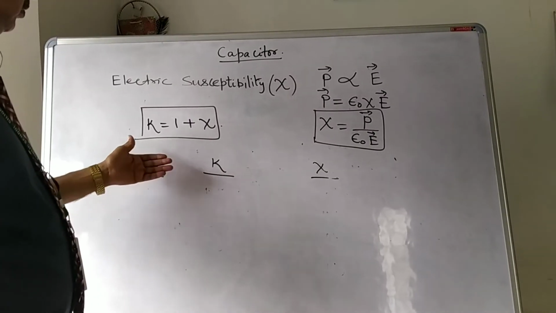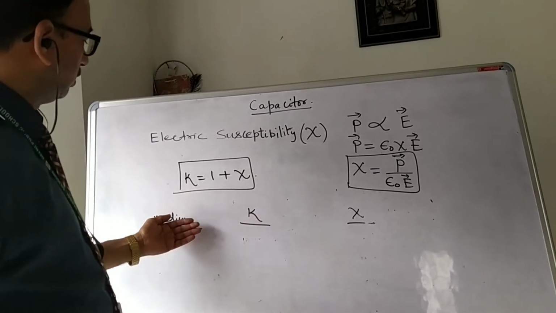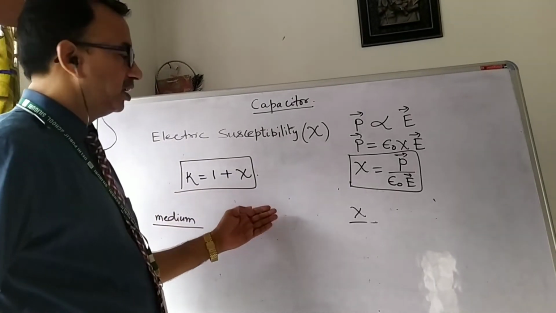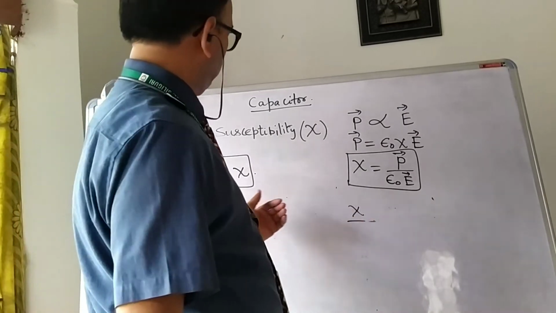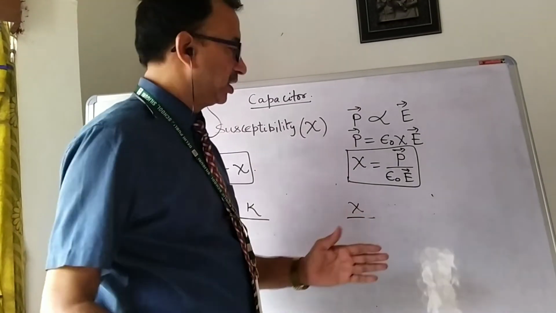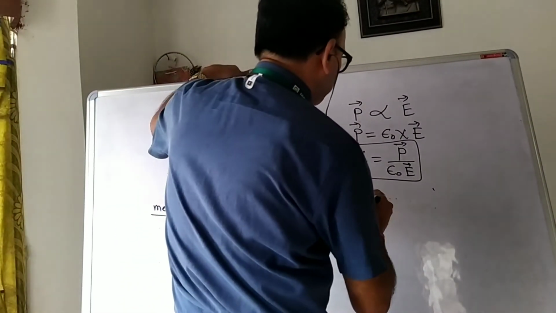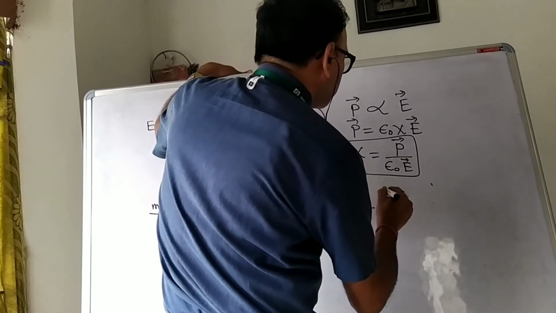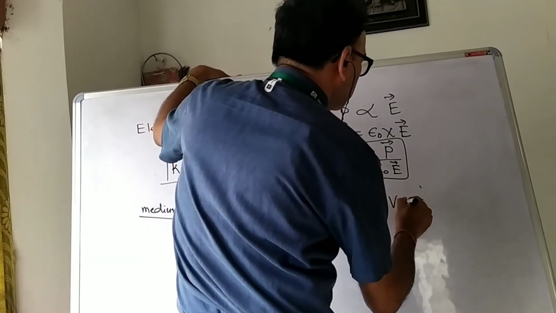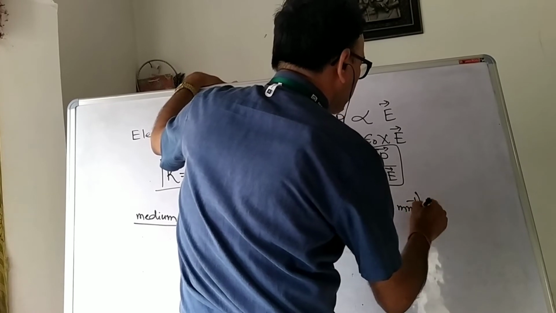Now we will see how the dielectric constant and the dielectric strength vary for different media. The dielectric strength will be in kilovolt per mm.